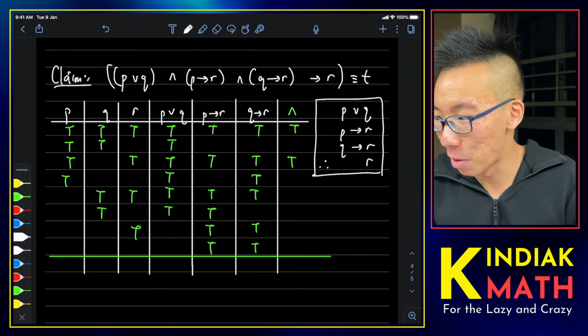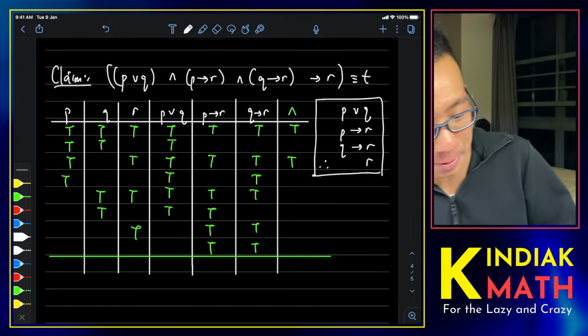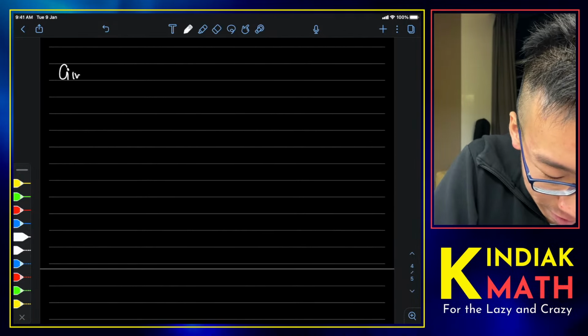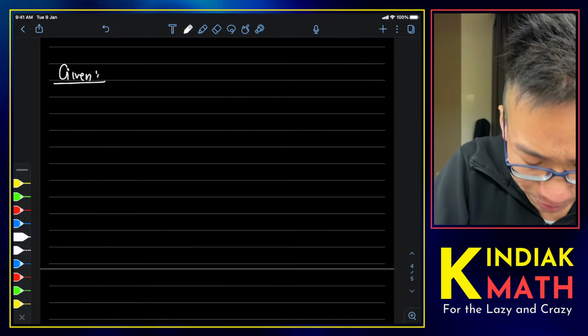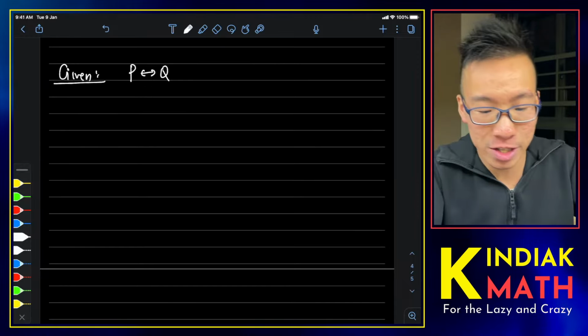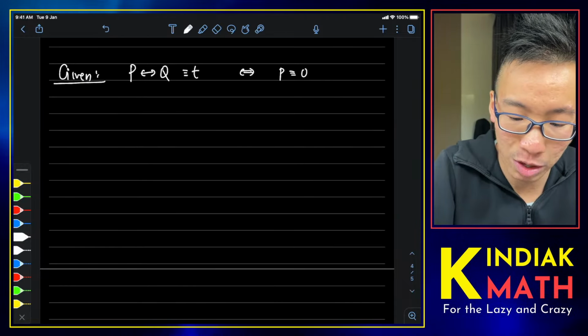Okay, 1.10, let's do 1.10 really quickly. Here we're given, by the way, from a previous question, that the biconditional of P and Q is a tautology precisely when P and Q are equivalent.